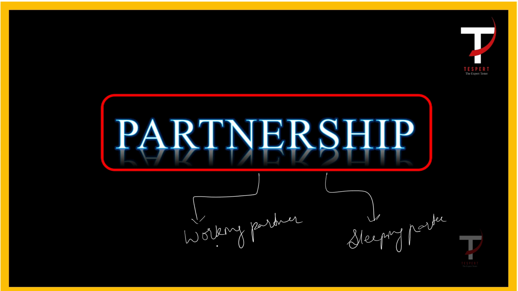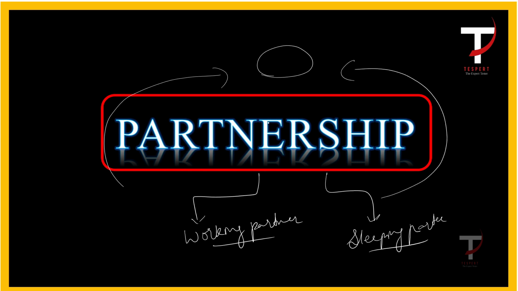Who is a working partner? Of course, both will invest. So if they want to run a business, the working partner also invests, the sleeping partner also invests. But who is a working partner? He is a person who is directly involved in day-to-day activities of the business. Okay, he invests some amount in business, and he is also actively involved.